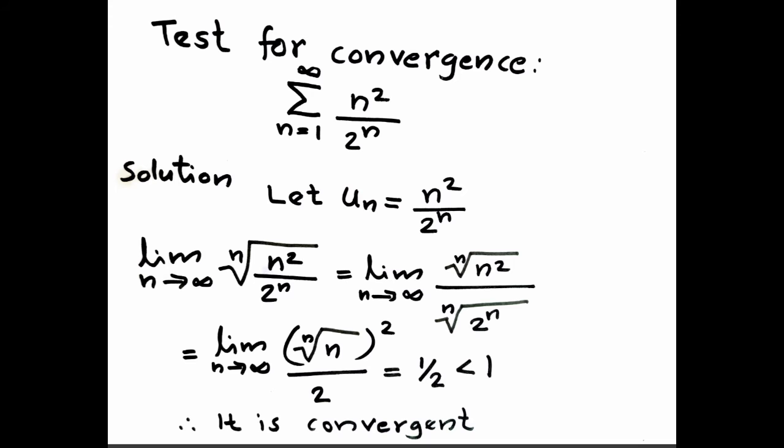Then limit n tends to infinity nth root of n square by 2 raised to n equal to limit n tends to infinity nth root of n square divided by nth root of 2 raised to n, that is equal to limit n tends to infinity nth root of n the whole square divided by 2. We know that limit n tends to infinity nth root of n is 1. Therefore, it is 1 by 2. We know that 1 by 2 is less than 1. Therefore, it is convergent.